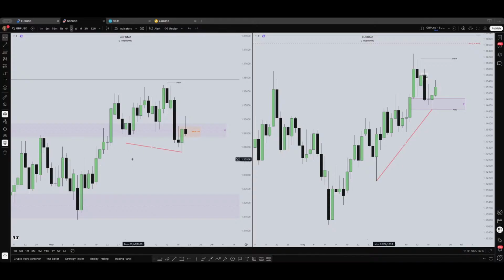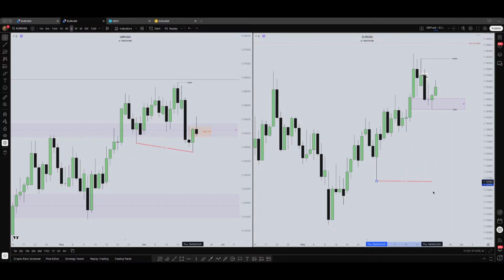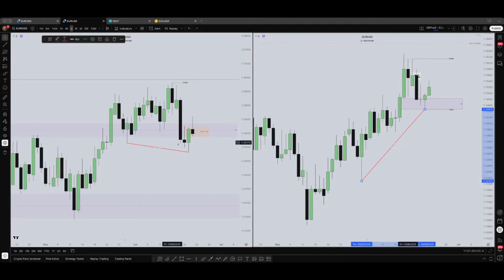Basically, for Euro to make the same asymmetry was impossible because price would have to go all this low. That's too much, no? But basically, when you have these asymmetries, one of the assets is weaker and the other is stronger. And in this case, Euro USD is stronger, so it's showing a lot of strength.